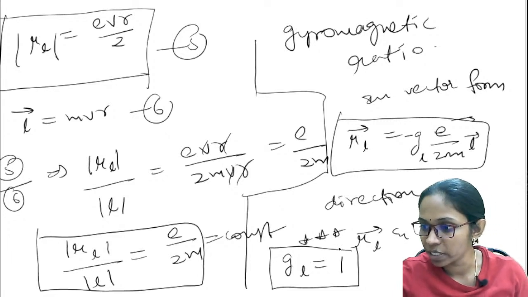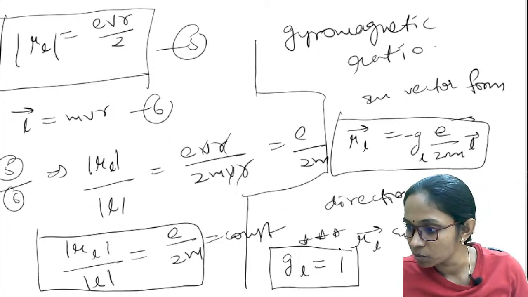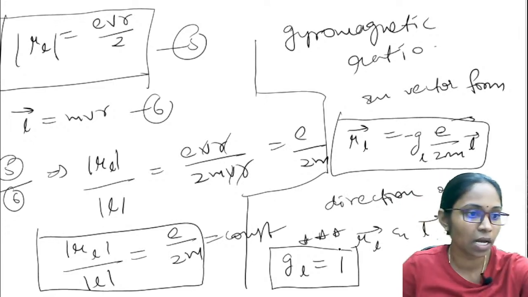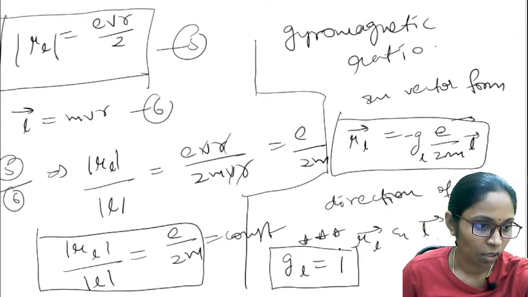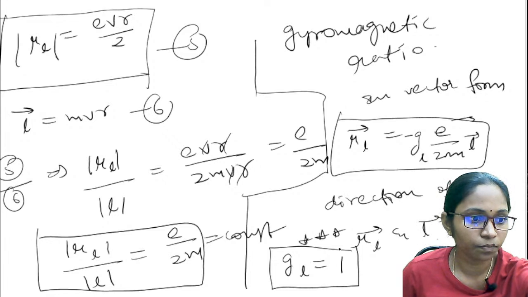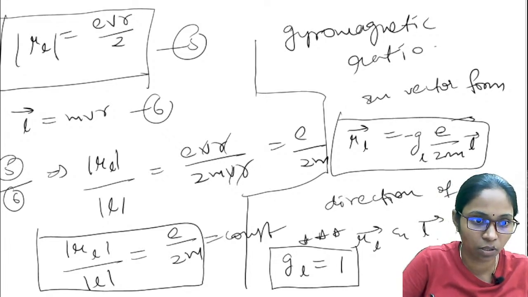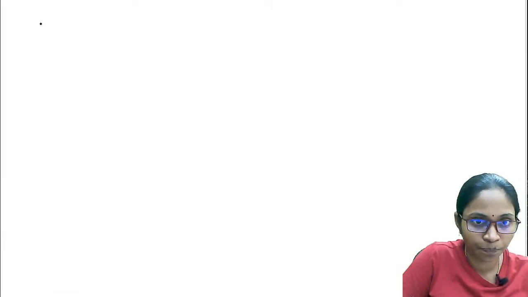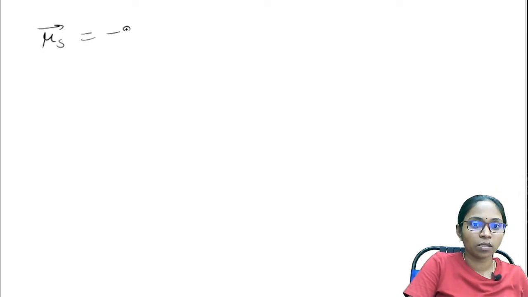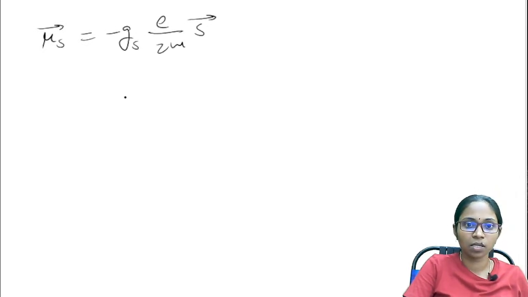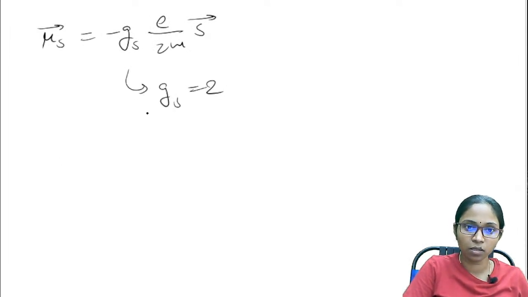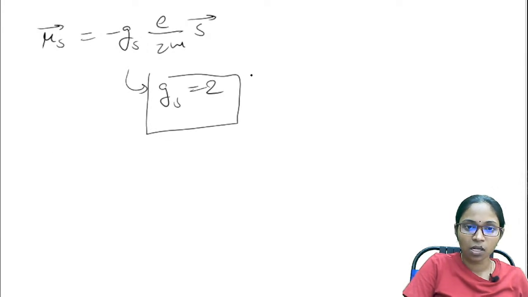In the same way, we can also derive the equations for mu S and mu J. I just want to write mu S. Mu S is equal to minus G S times E by 2m S. Here G S value is equal to 1.